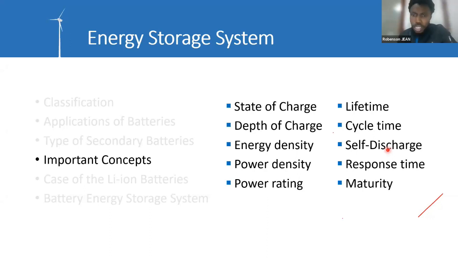So lithium battery is a good option. Also, we have the response time and the maturity. The term maturity in this area means that if a technology is quite good, non-professional people can use it without too much care. So this means that it is a mature technology.